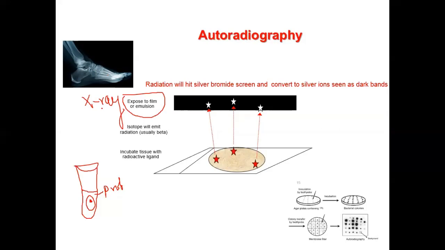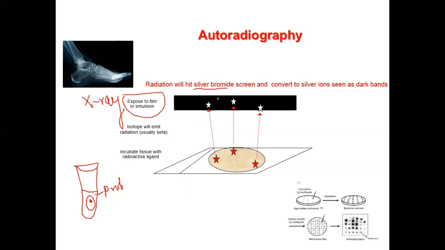Basically, this X-ray film is made up of silver bromide. The X-ray sheet that you see, which is blue in color, is coated with silver bromide.